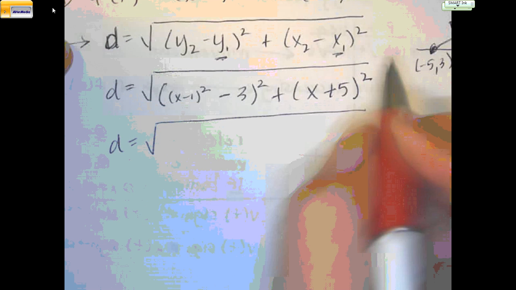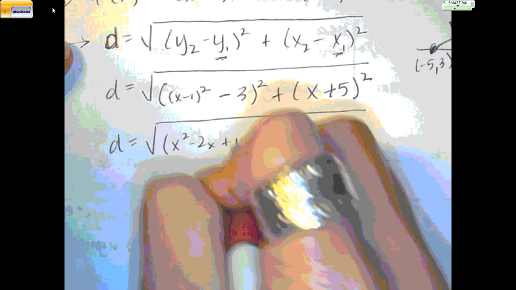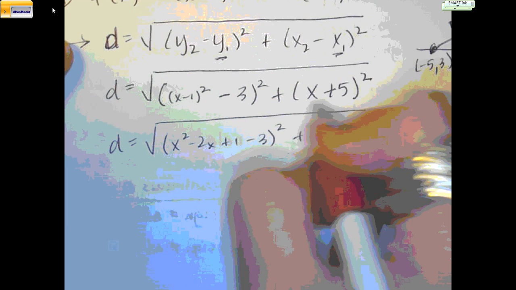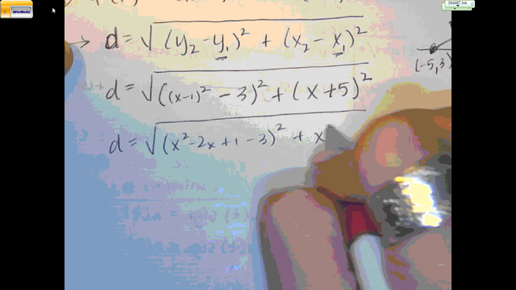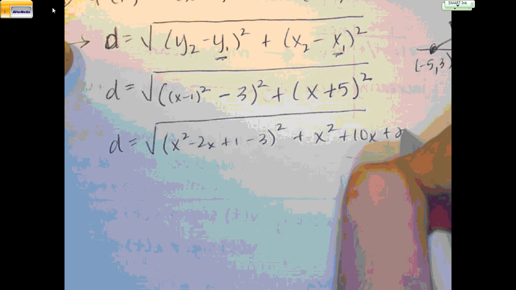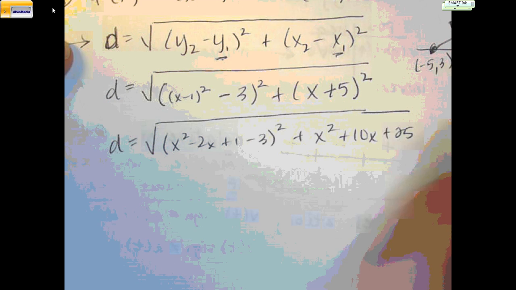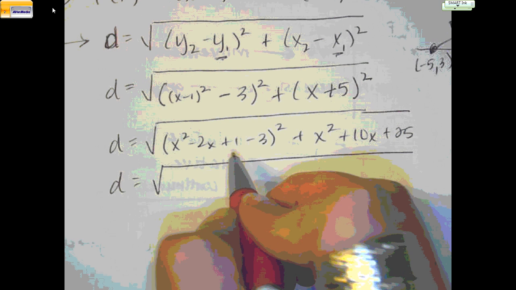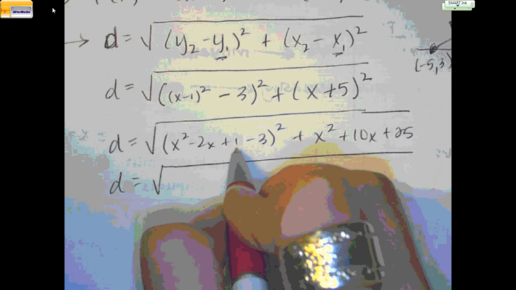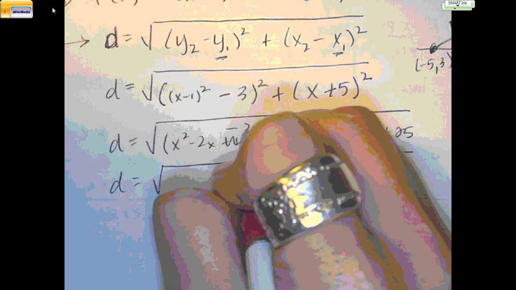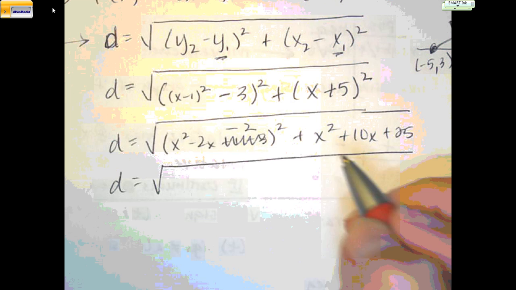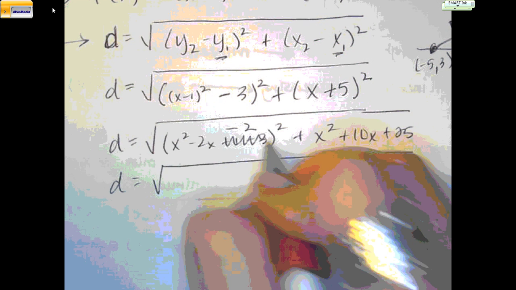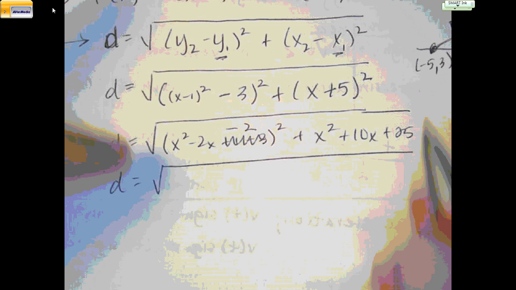On the inside, I'm going to have x squared minus 2x plus 1 minus 3 the quantity squared, plus, I'm going to go ahead and FOIL this out, x squared plus 10x plus 25. Then positive 1 and negative 3, I'm going to replace that with negative 2, and I'm going to need to square that whole thing, so that's not super fun, but we can do it.